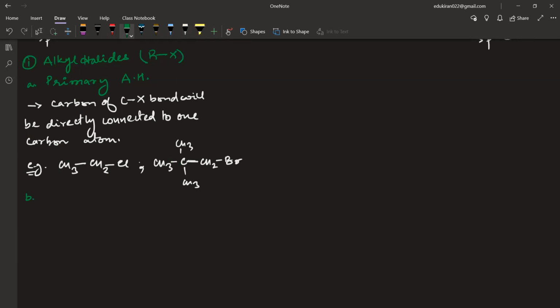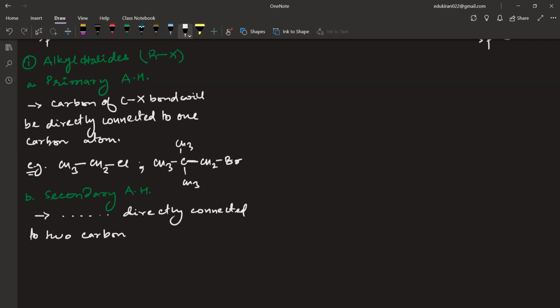No. Then there is secondary alkyl halide. The carbon of the CX bond is directly connected to 2 carbon atoms. Same thing, writing dot dot dot dot, directly connected to 2 carbon atoms.